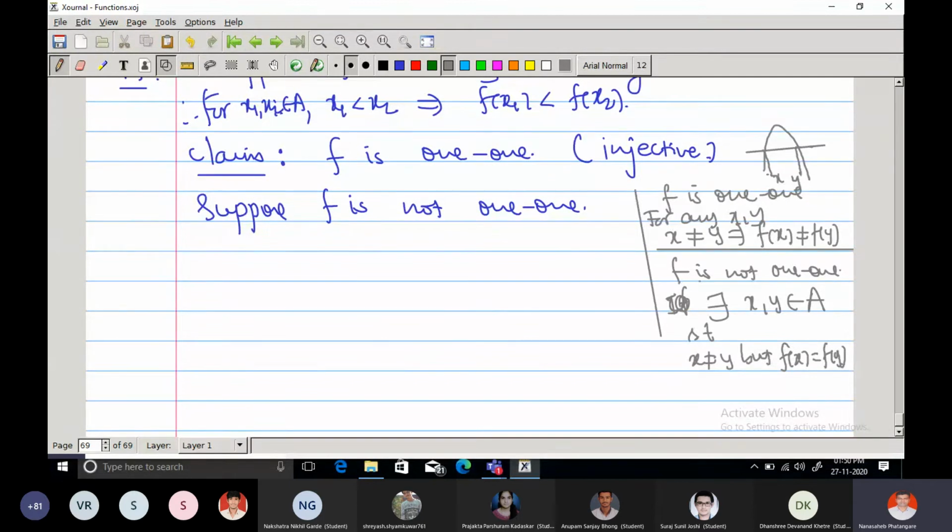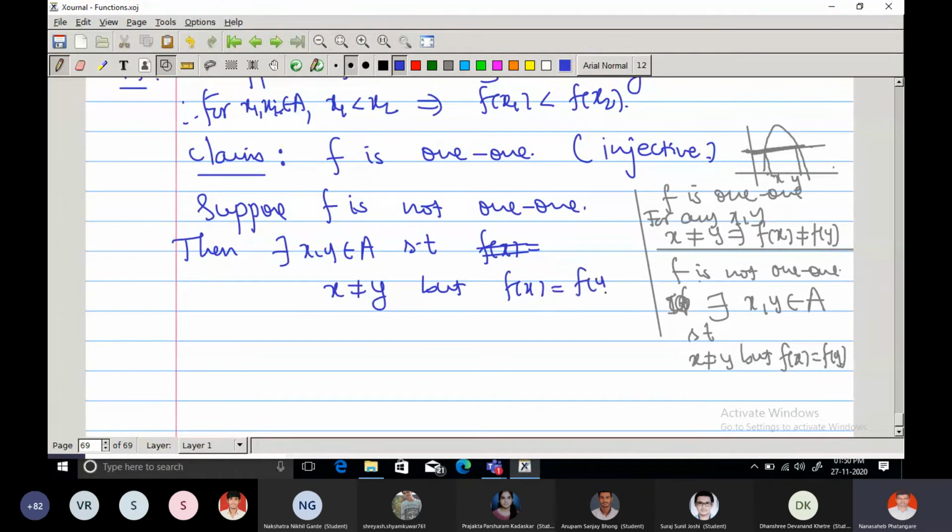Both have the same image on the y-axis. So now when I say that f is not 1-1, there exist x and y in the domain such that x is not equal to y, but f(x) is equal to f(y). That means distinct points are there, their images are same.